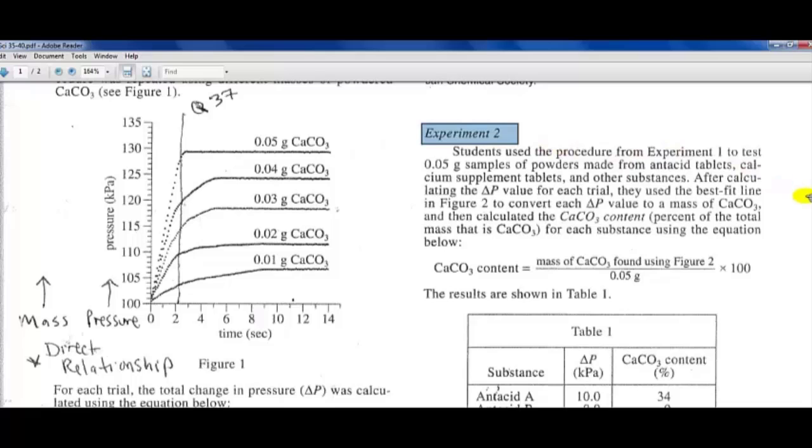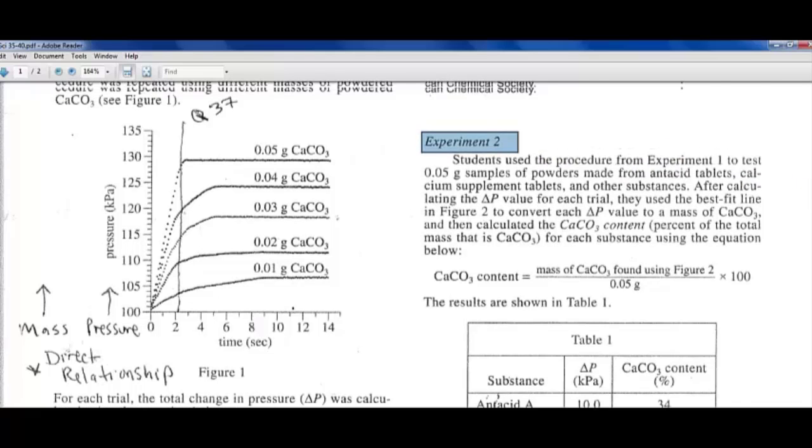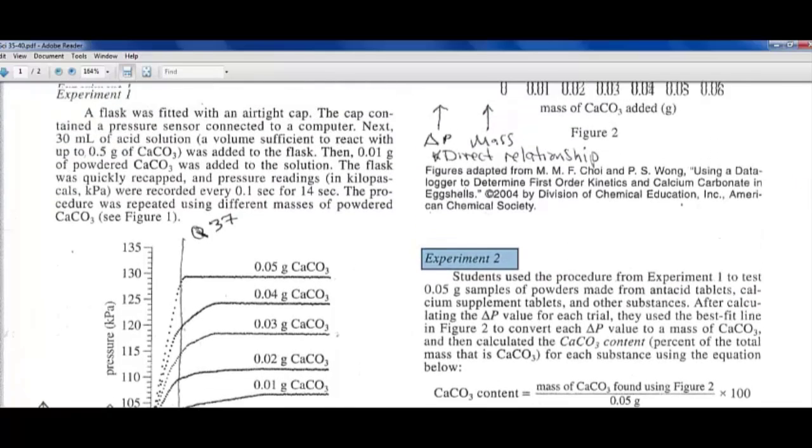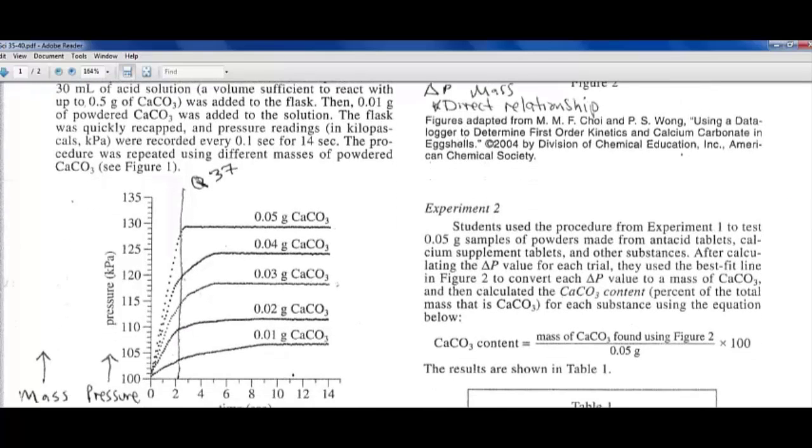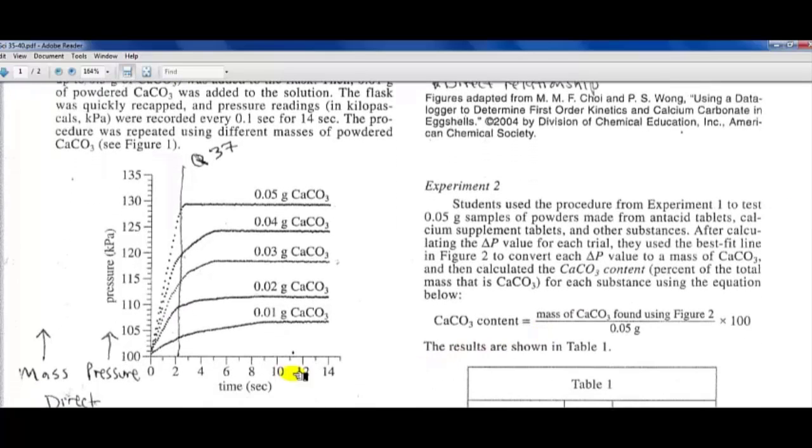So now we have to go over and look at experiment 1. In experiment 1, they used a flask fitted with an airtight cap to measure the pressure, and then they looked at the time. They added CaCO3, and here are the results they got from figure 1. As you increase the time here, we go from 100 to 135 at the 2-minute mark.